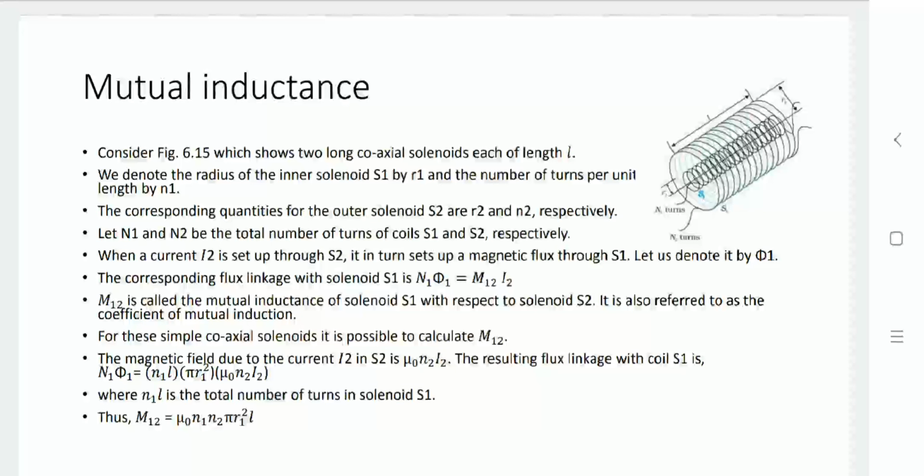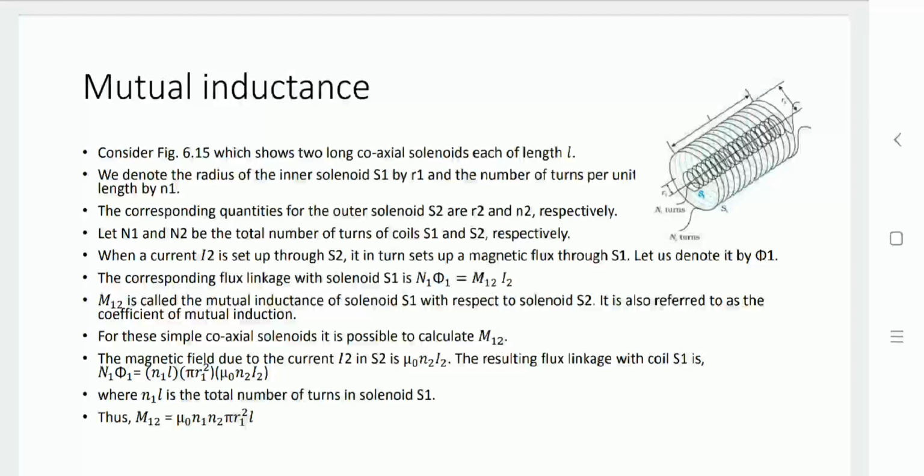Let us define R1 as the radius of solenoid S1 having N1 turns, and S2 as the solenoid having radius R2 and N2 turns. Now, when a current I2 passes through S2, it in turn sets up a magnetic flux through S1, which is denoted as phi 1.